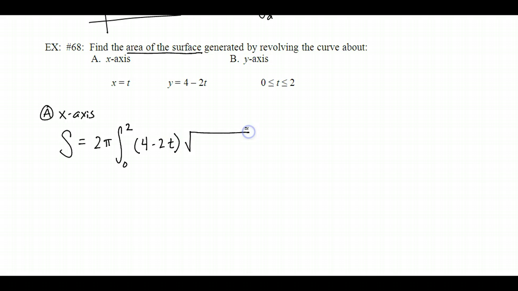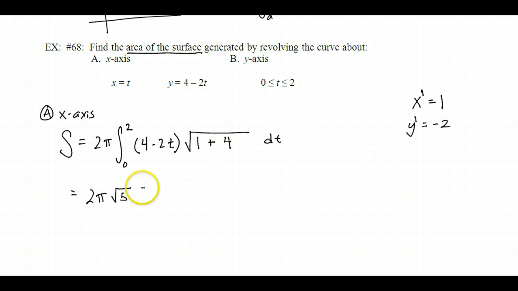Times the square root of our arc length, so x prime will give us 1. 1 squared obviously is 1. Plus, we need y prime. Well, y prime is going to give us negative 2. If we square that, we get a positive 4, differential t. Well, this is really nice because this is just a constant which I can factor out. Therefore, I have 2 pi times the square root of 5.